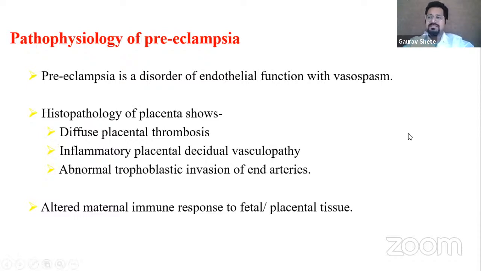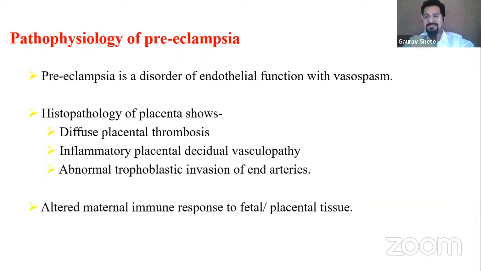All this placental ischemia releases a lot of harmful toxins which enter the maternal blood circulation, and once they enter, they usually cause endothelial cell damage. The endothelium, which usually doesn't allow blood to clot or cause vasoconstriction because of continuous secretion of nitric oxide, NO, prevents vasoconstriction.